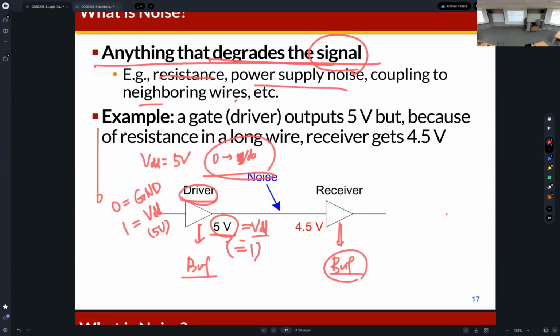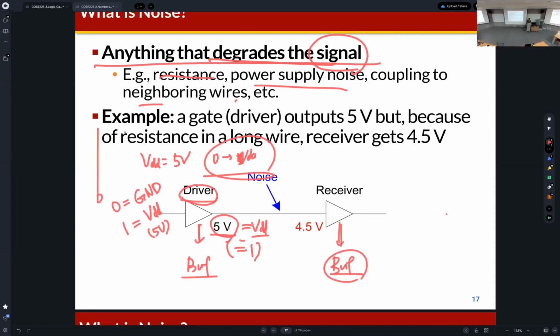But because of noise, like the resistance of this wire and the interference between other components, which is a kind of electric circuit issue, this level can be changed.